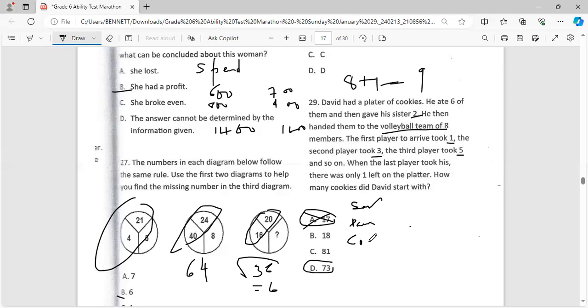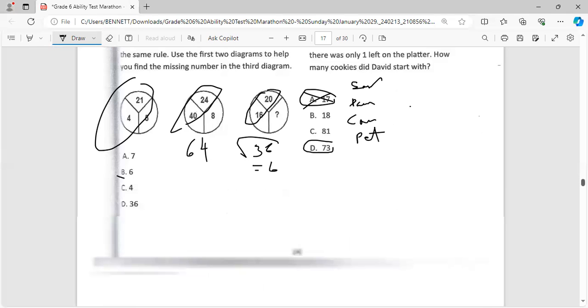Jan. Let's say Pet. Rob. Let's say Ram. Ken. Then Pat.